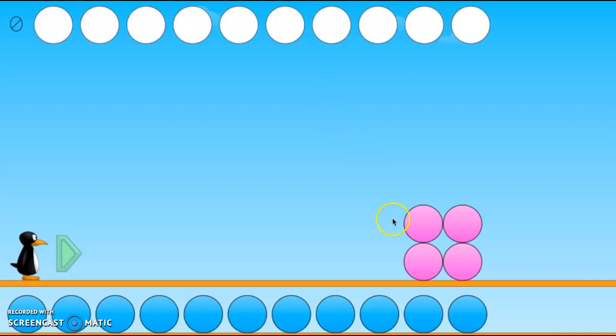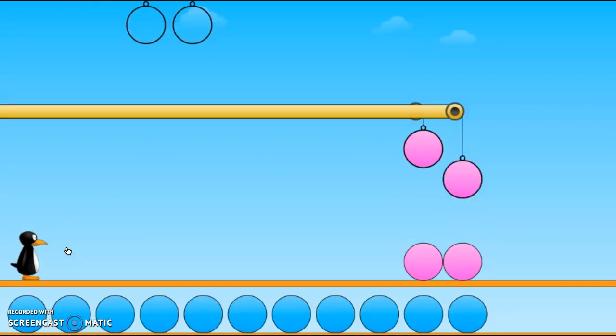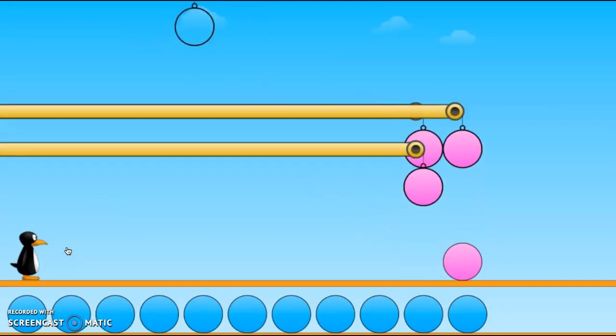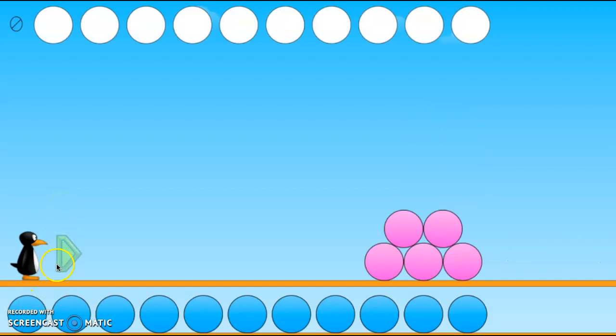So let's try it. If we can see here, we have 4 circles. So we would fill in 4 here. And then Gigi would be able to move forward once all the circles have been moved from his path. Now let's try another one.